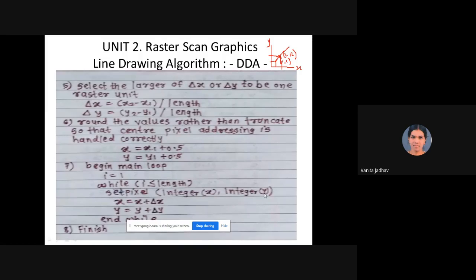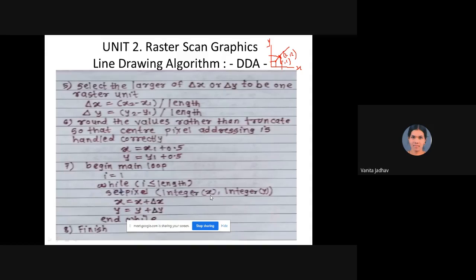So now can you tell me what this integer function will return? Integer of 0.5, 0.5.